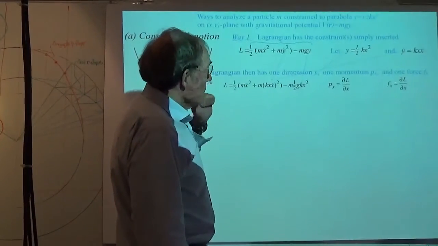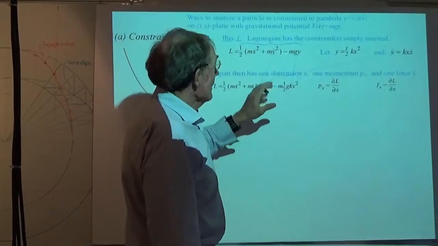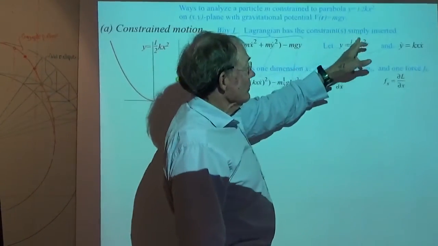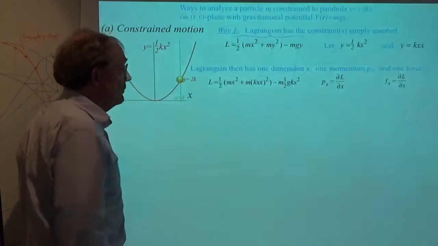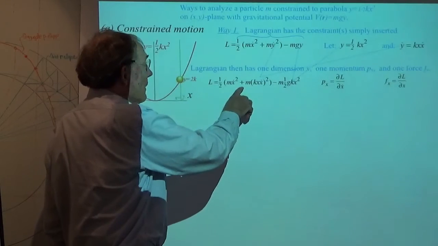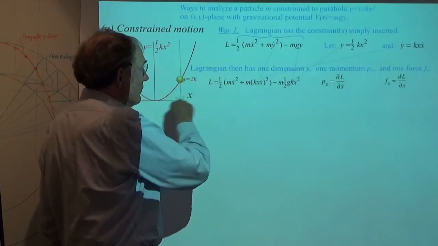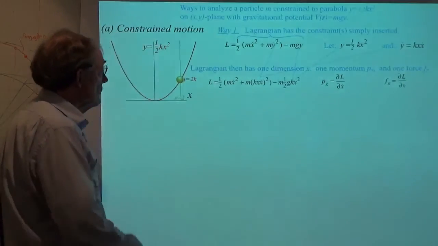What we call way 1 is to just take your Lagrangian and hope that you can convert constraints into part of a single Lagrangian involving one dimension. In this case, we're converting it so that the independent variable is x, the abscissal coordinate.